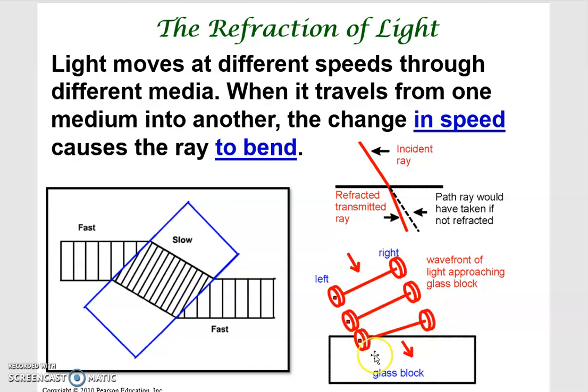Apparently the friction between the glass and the tire is smaller, so the rotational speed of the left tire will become slower. But the right tire is still in the air, so it will move at the original speed. So consider one moving slower and the other moving faster. Therefore, the direction of movement of the whole object will be bent. It is because of the difference in speed.